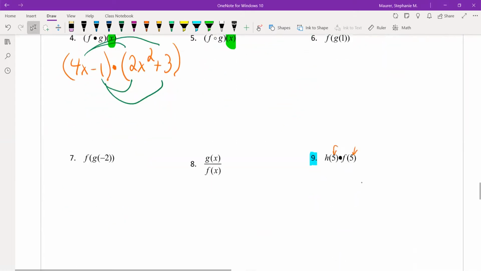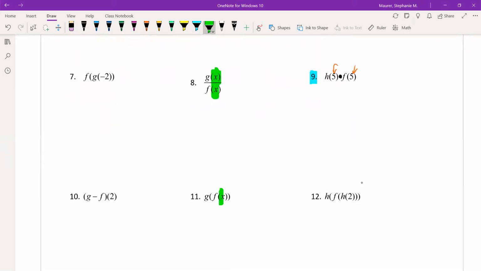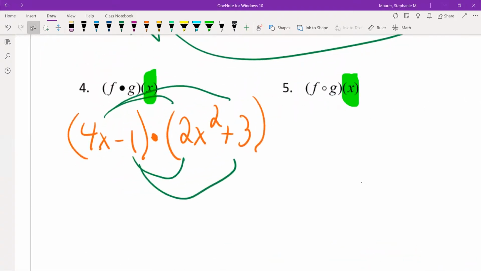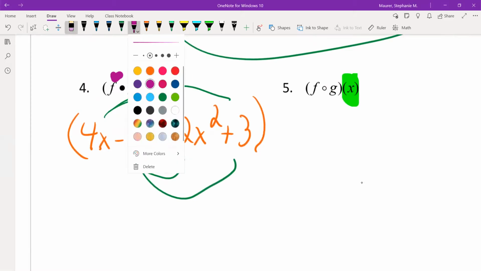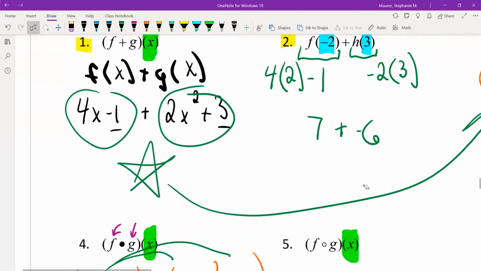A lot of times, especially with a problem like number 4, people are like, oh, I can clearly see that I have f and I have g, and clearly I'm multiplying them. So they do this multiplication, but then they feel this need to tack on an x afterwards. I want you to be cautious of this because I see that a lot.